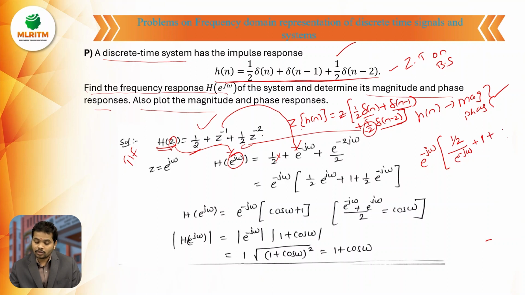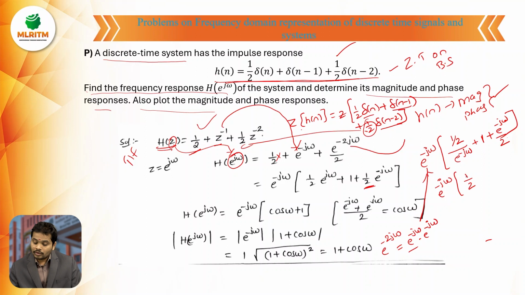Then e^(-2j omega) can be written as e^(-j omega) into e^(-j omega). Yes or no? One e^(-j omega) comes outside and another e^(-j omega) remains. So e^(-j omega) times [1/2 e^(j omega) + 1 + 1/2 e^(-j omega)].